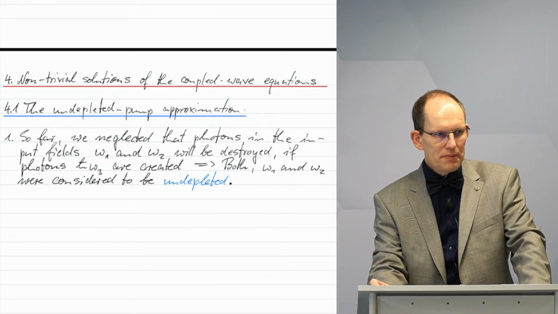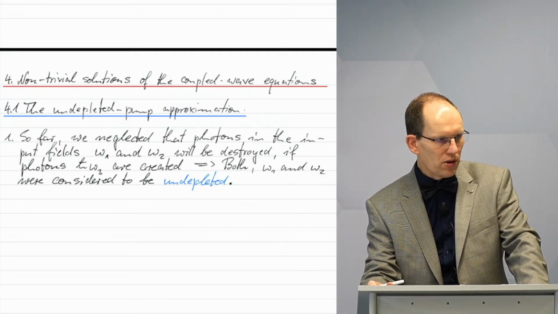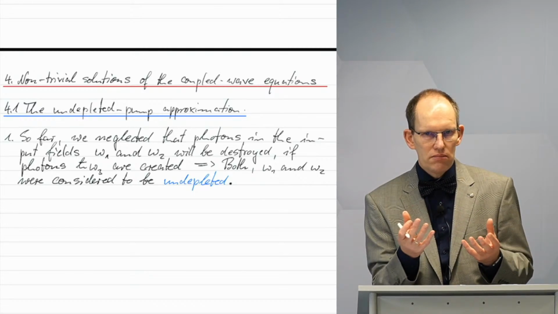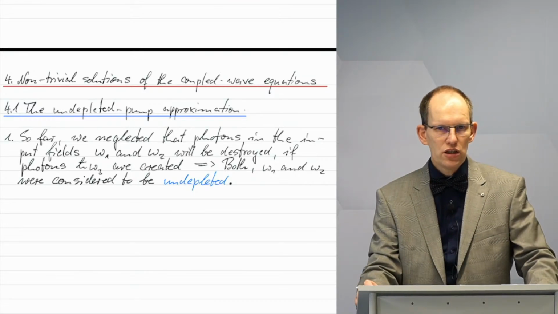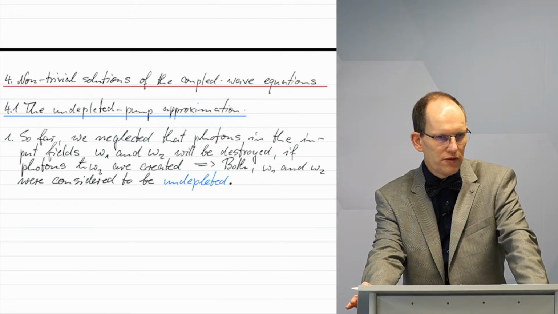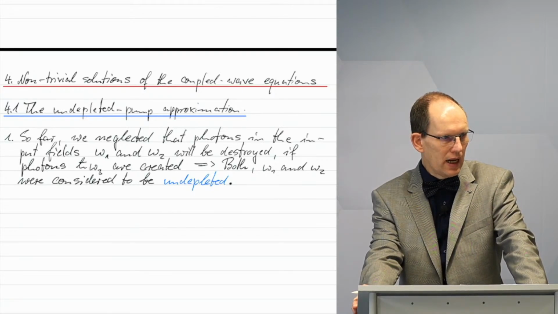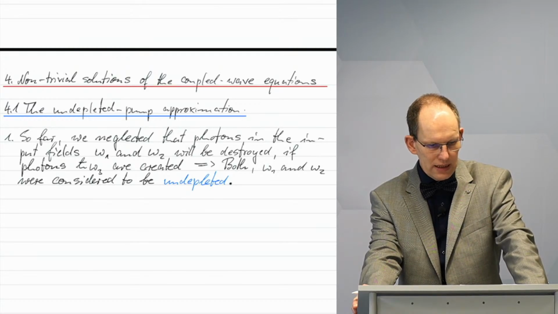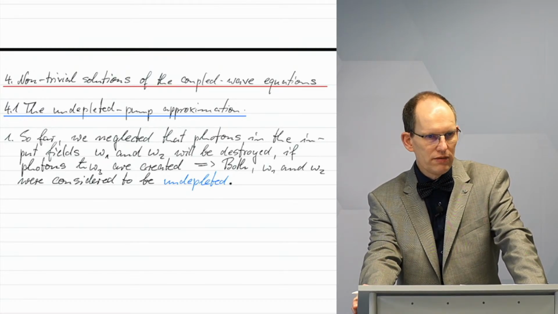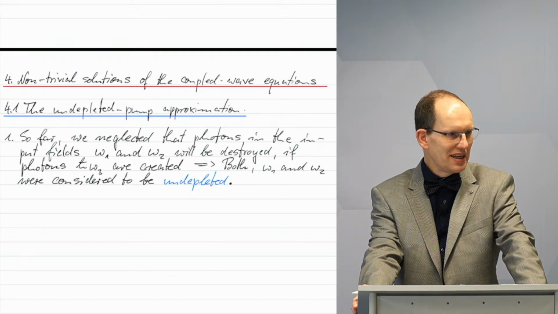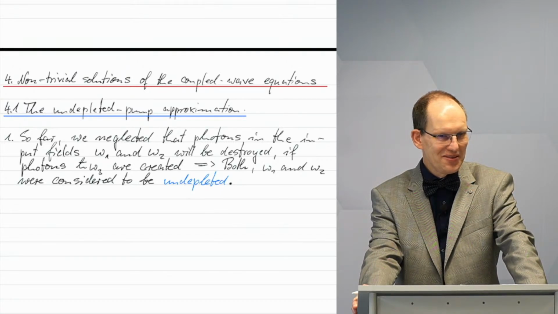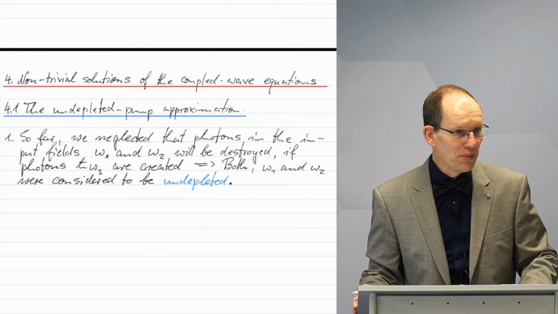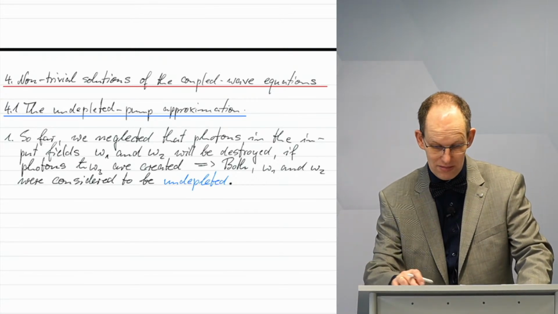Yeah? Now it is actually possible to solve this system of three coupled differential equations analytically. And there are special functions that do that. These are the Jacobi elliptic functions. I guess none of you have encountered them so far, nor did I work with them, actually, I have to say.